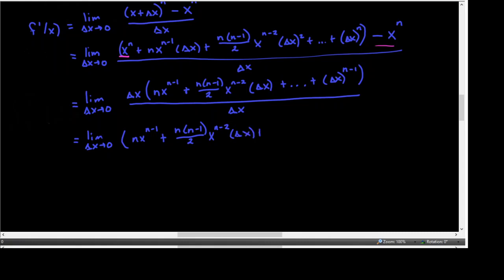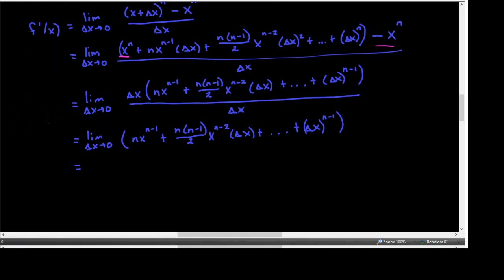The next one would have delta x squared. The next one after that would have delta x cubed, etc., etc., until we got out to delta x to the n minus 1. So now try substitution.